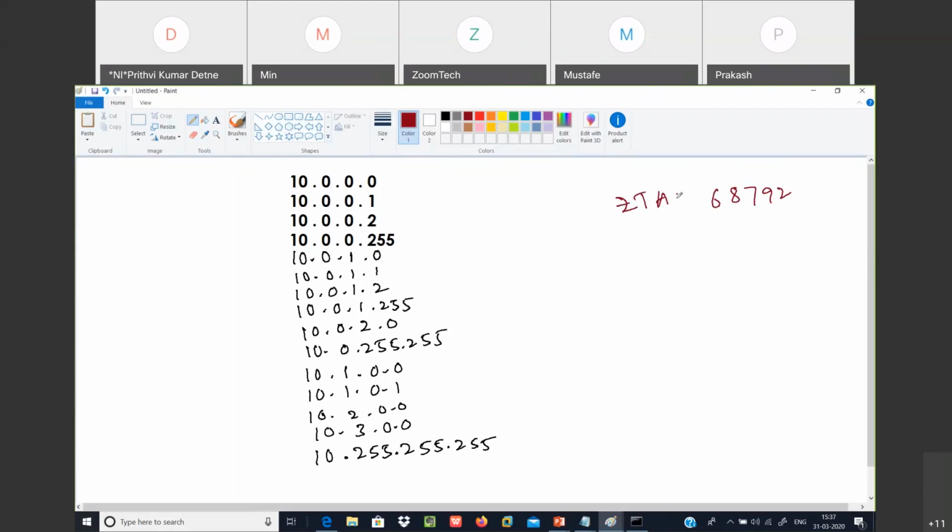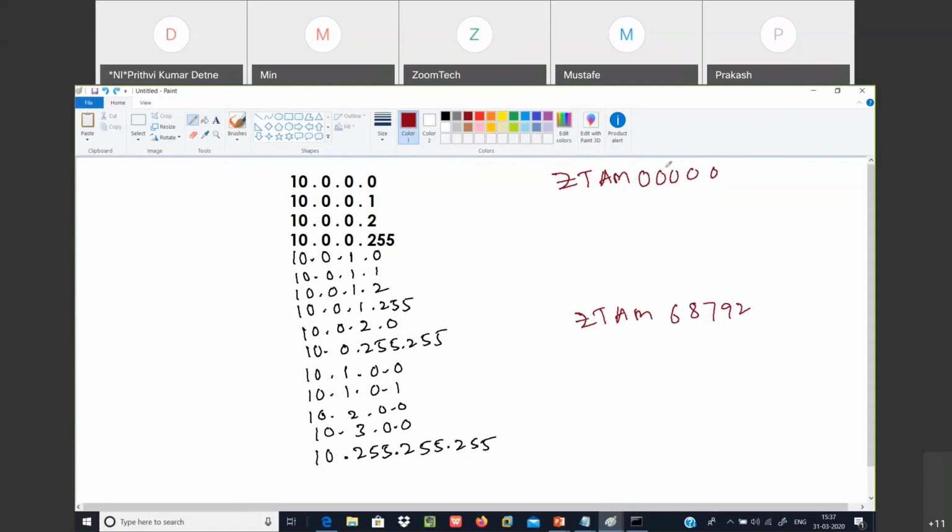This ID is ZT for Zoom Technologies, AM for Ameerpet, and 68792 is the ID number. Actually, the Zoom organization ID is ZT Zoom Technologies Ameerpet 00000. ZTAM is the organization ID.